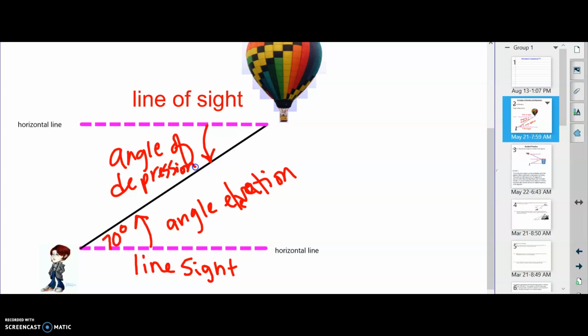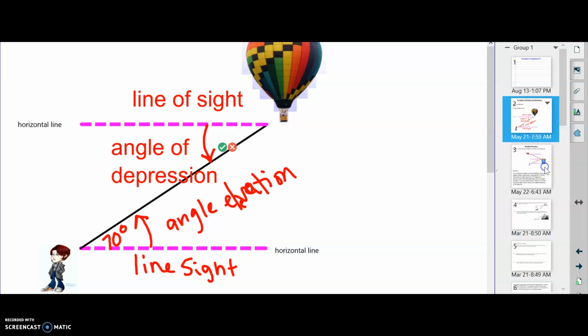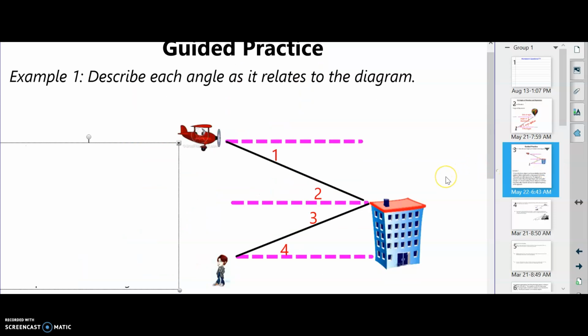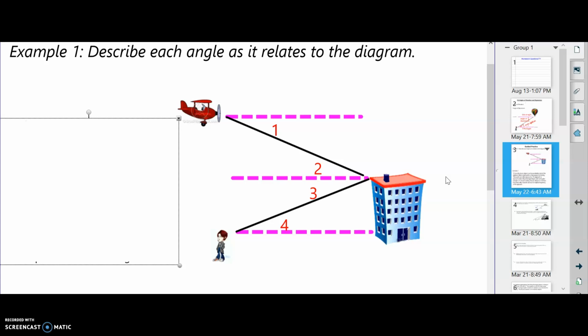All right. So the first couple problems on your homework, you're just deciding whether or not it's an angle of elevation or depression. I think there's 3 problems. So when I look here, I've got the airplane, I've got the building, and I've got the person. Number 1 is an airplane. So their line of sight would be that straight magenta, purpley line out.